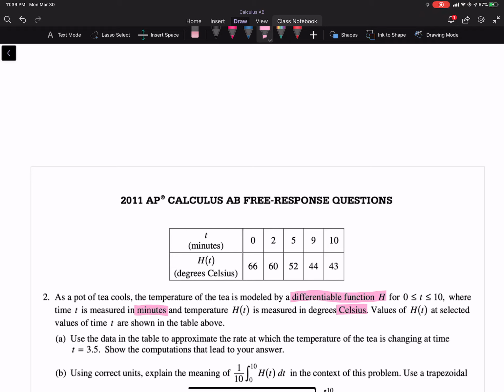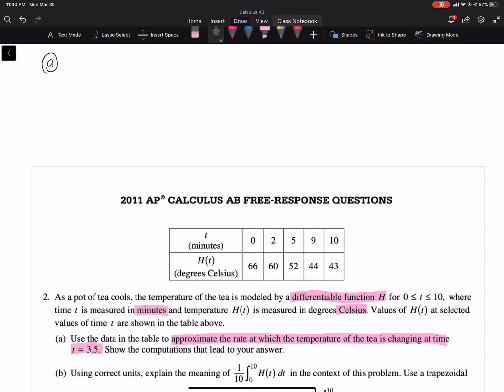And so part A, we want to approximate the rate at which the temperature T is changing at 3.5. So we need to recognize a couple of things.